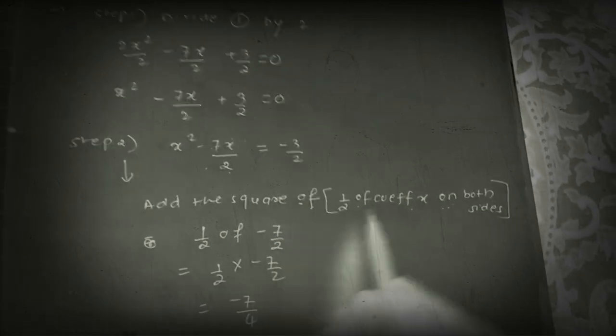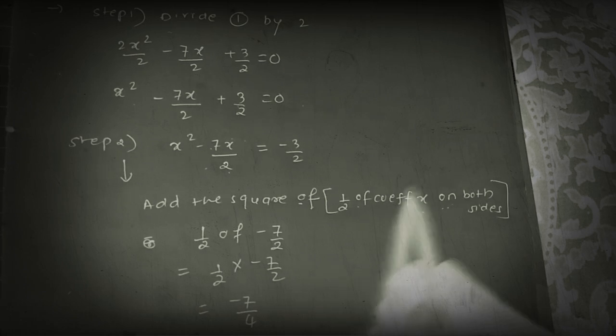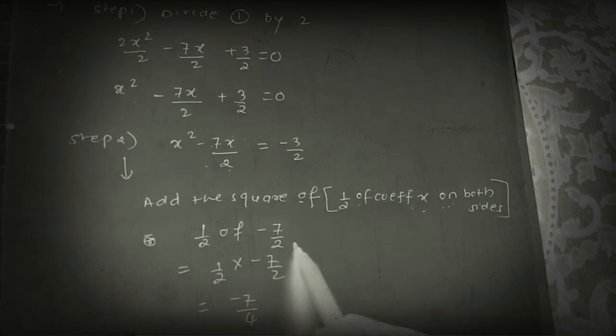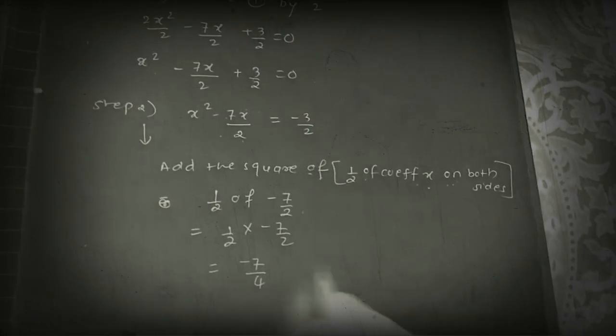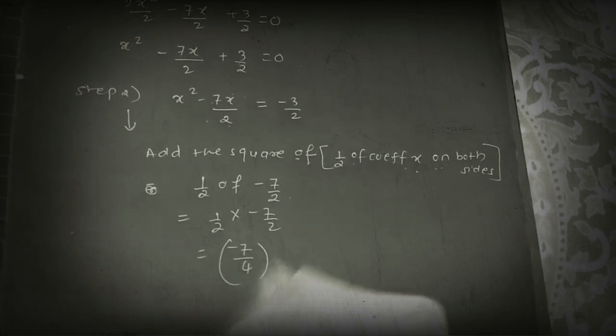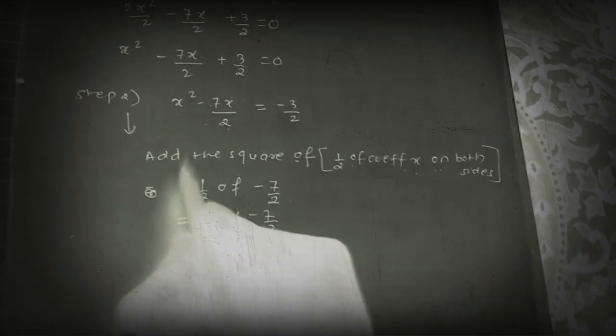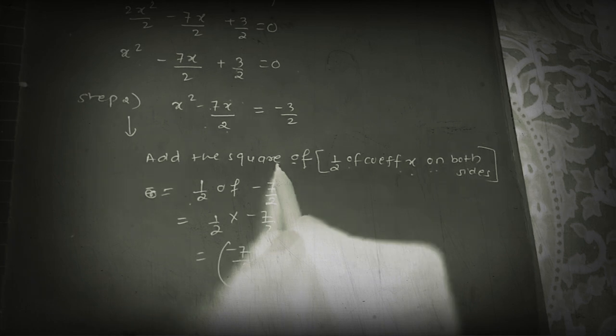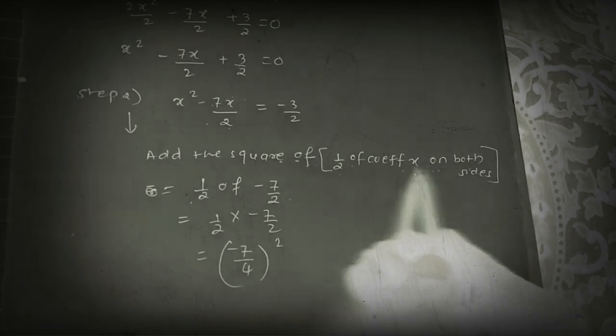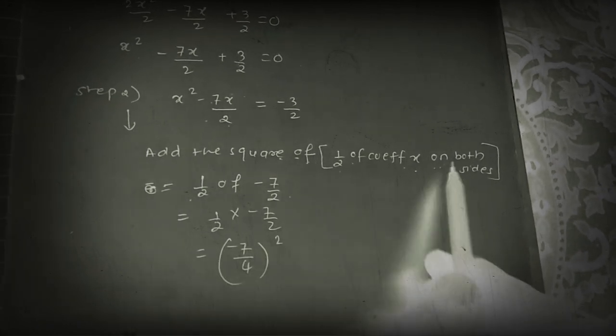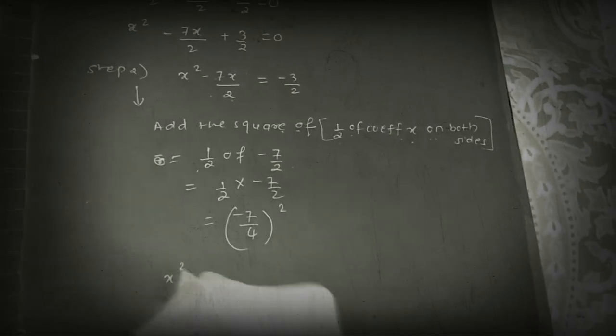So add the square of half of the coefficient of x. The coefficient of x is minus 7 by 2, and half of it, minus 7 by 4, you have to square. Just square it, and you get the square of half of the coefficient of x, which you have to add on both the sides. So this is our required square. We'll add it on both sides.